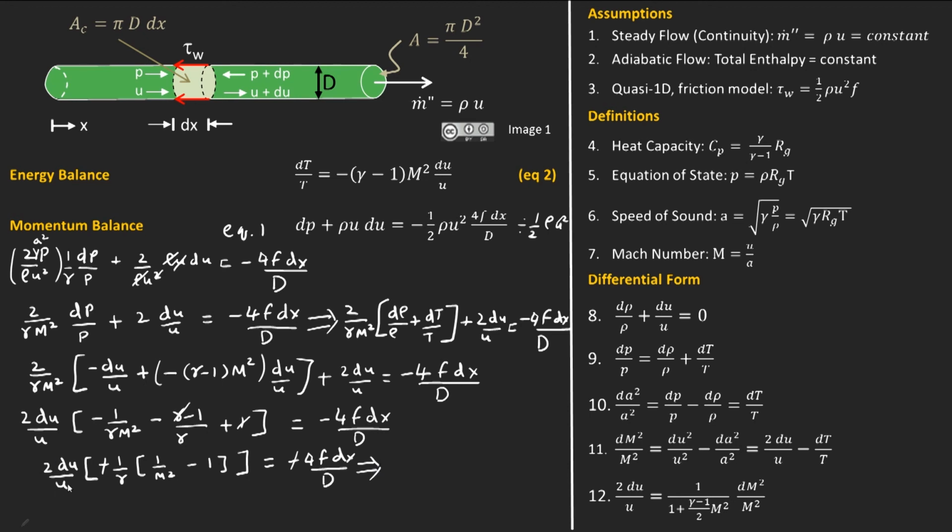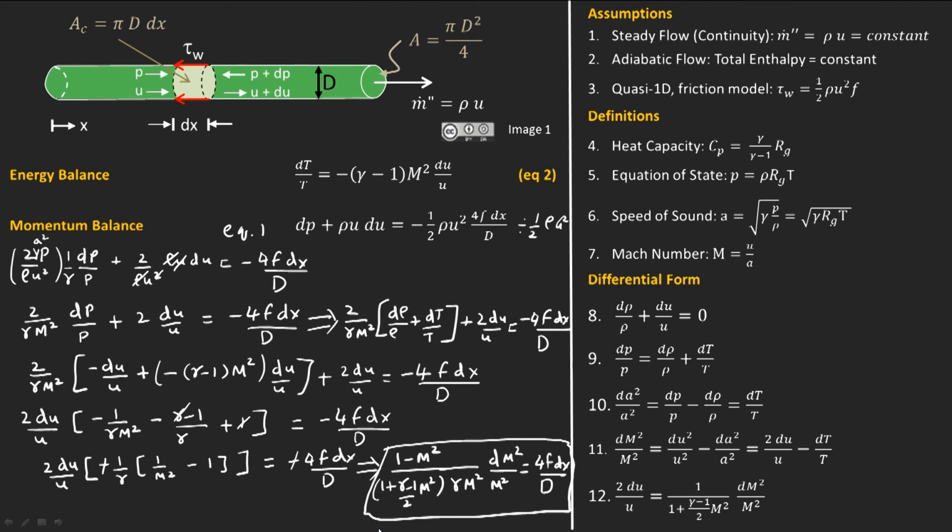I'm just going to say, if I substitute for 2 du over u using this and further simplify this term, I can get this expression, which is 1 minus M squared divided by 1 plus gamma minus 1 over 2 M squared, divided by gamma M squared, times dM squared over M squared equals 4f dx divided by d. Let me box this equation.